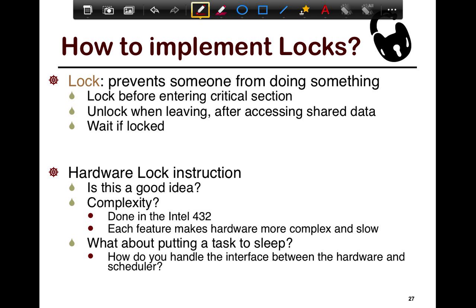The general way in which a lock is implemented these days, and we look at a few implementation choices and a couple of algorithms, is that there is a hardware lock instruction. This is a special instruction that the CPU gives you. When you use this instruction, you can implement a lock using a specific variable.